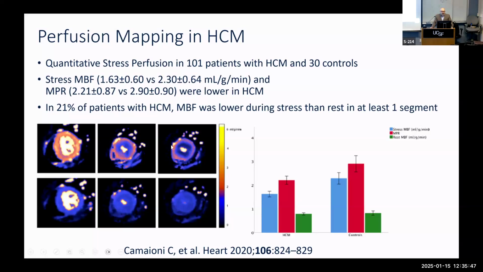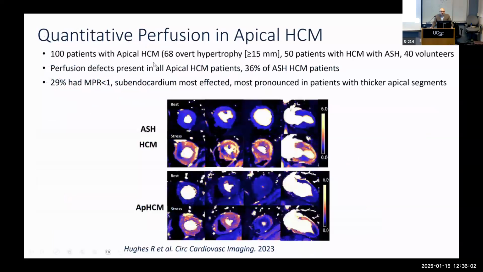Here we can, again, really see, particularly in hypertrophic cardiomyopathy, this endocardial to epicardial gradient. And then of note, other really interesting work looking at quantitative perfusion in apical hypertrophic cardiomyopathy.